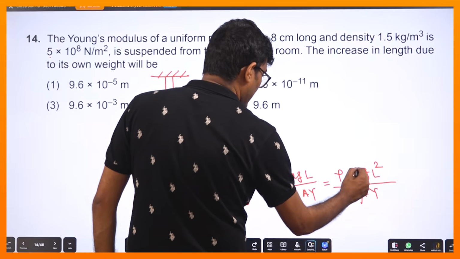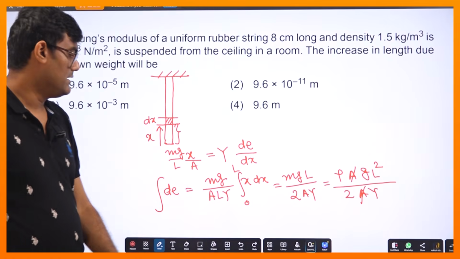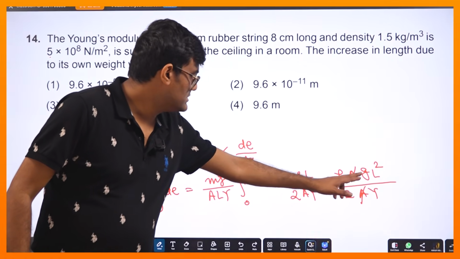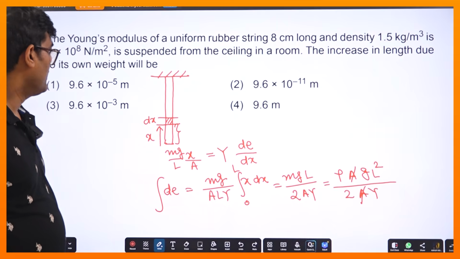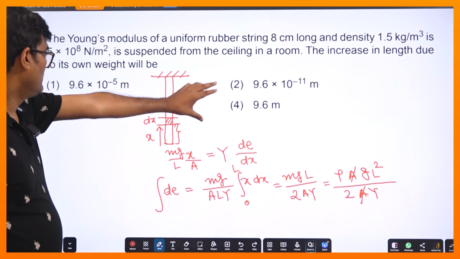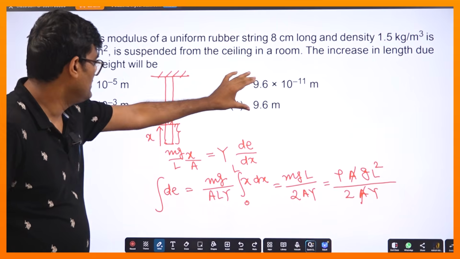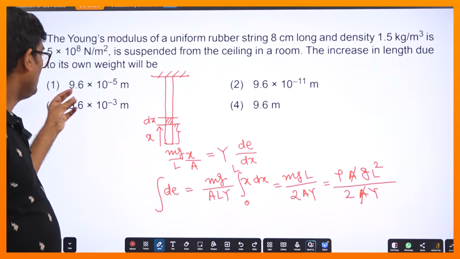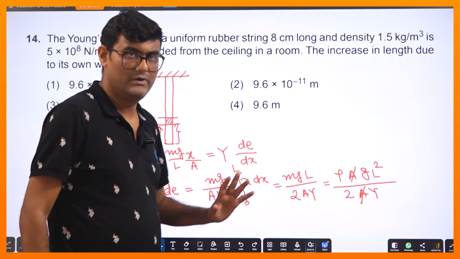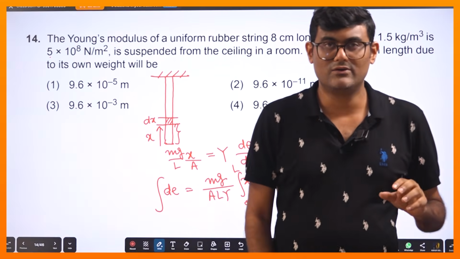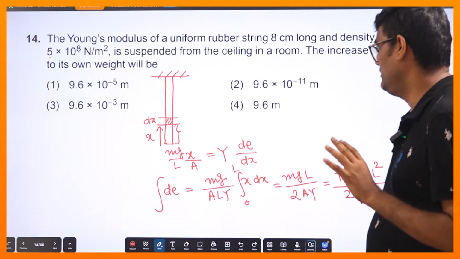So area will get cancelled out, right? Area cancels. Now it is rho g L square by 2Y, right? Look at the dimension, right? Everywhere this constant part is the same, right? You have to only check for which dimension the option matches.